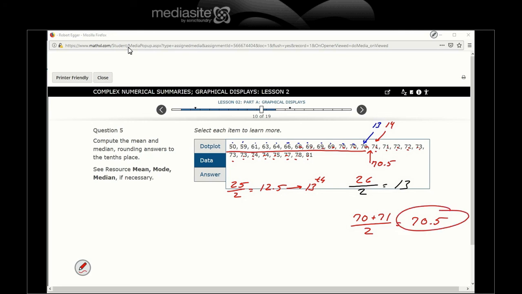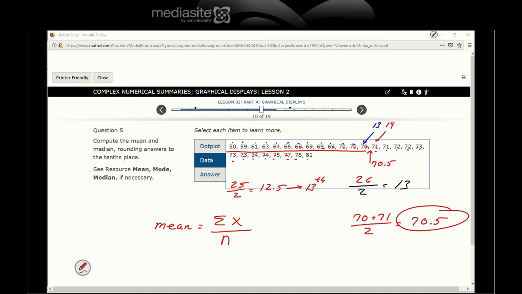To get the mean, you got to add all these numbers up. You need to add them all up, then divide by how many you have. So the general equation is mean equals summation of all your x's over how many you have.